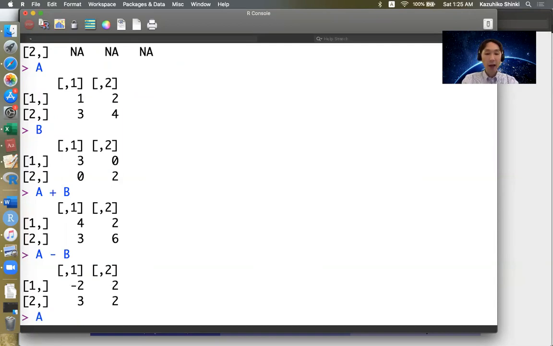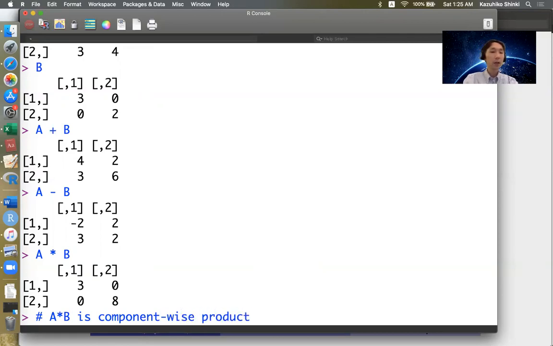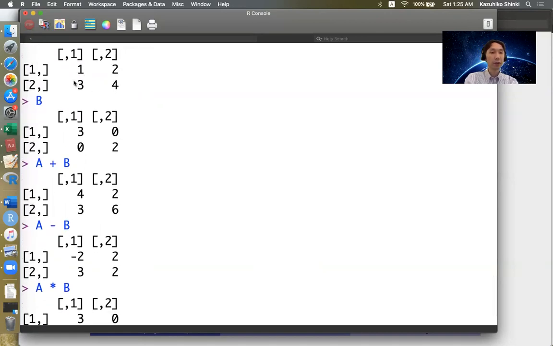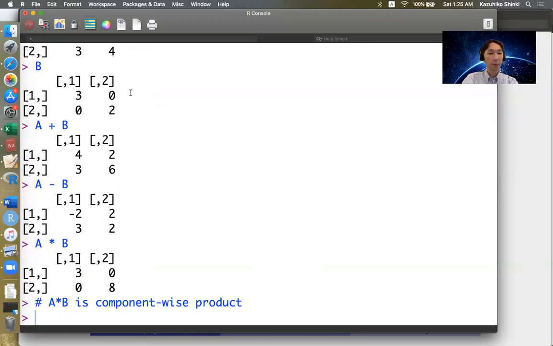How about A times B? If you type A times B in R, then the result is this. So this is actually the component-wise product. Remember that A is 1, 2, 3, 4, and B is 3, 0, 0, 2.